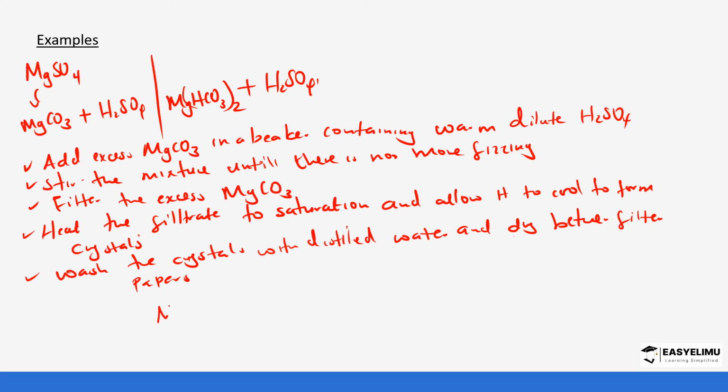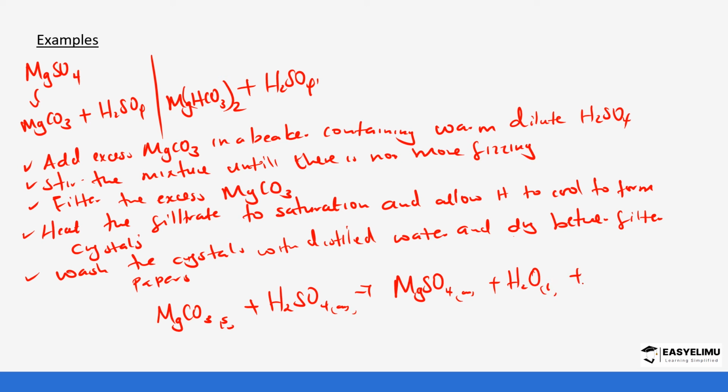If you write the equation, it's magnesium carbonate solid, which reacts with dilute sulfuric acid, which is aqueous, to form magnesium sulfate aqueous plus water plus carbon dioxide. You notice that the reaction is balanced.